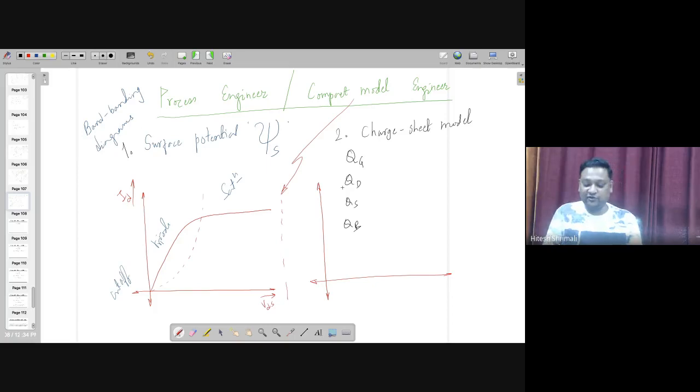Take the derivative of all of them with respect to time, and you will have the current equation. Through that, you can find the characteristic ID versus VDS. So there are 2 different ways to do that.